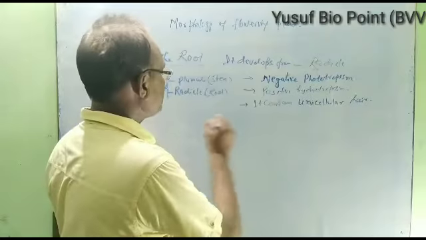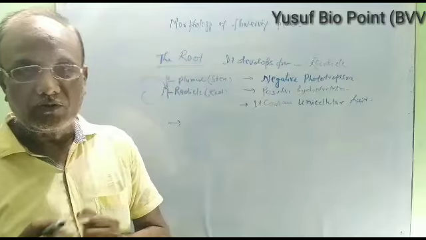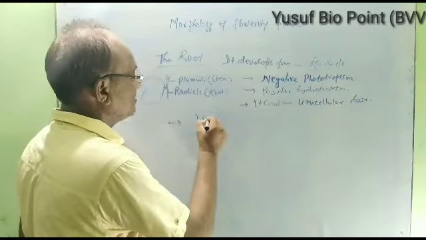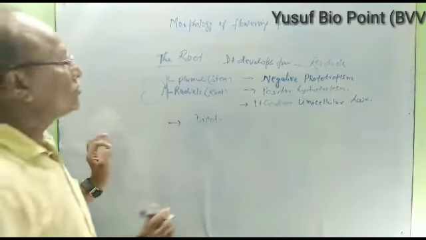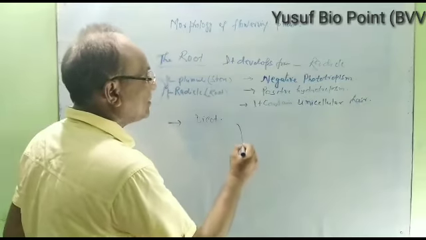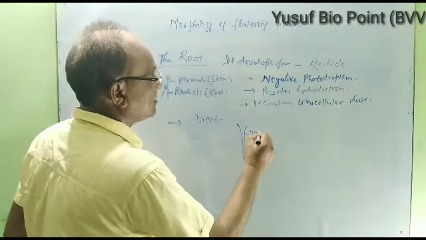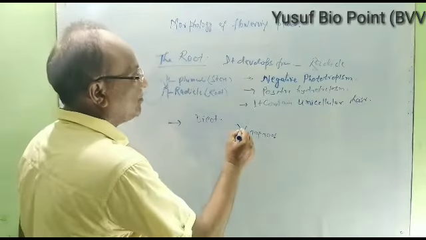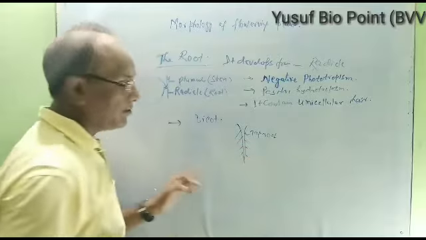Next, the dicot and monocot. In dicots the root develops into a taproot, and from it the secondary and tertiary roots come out.